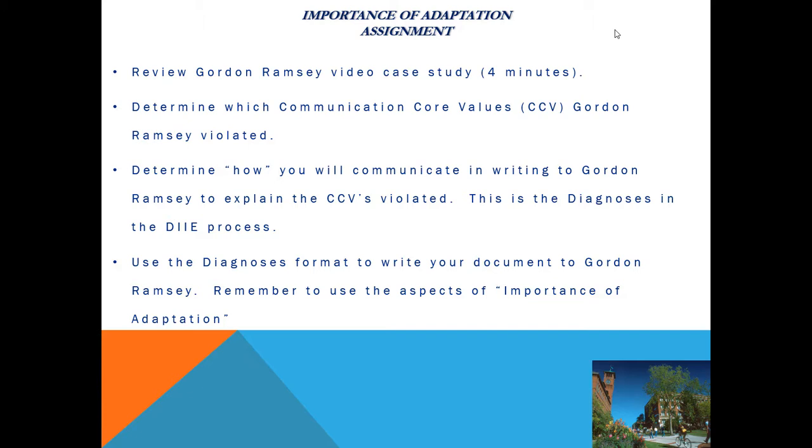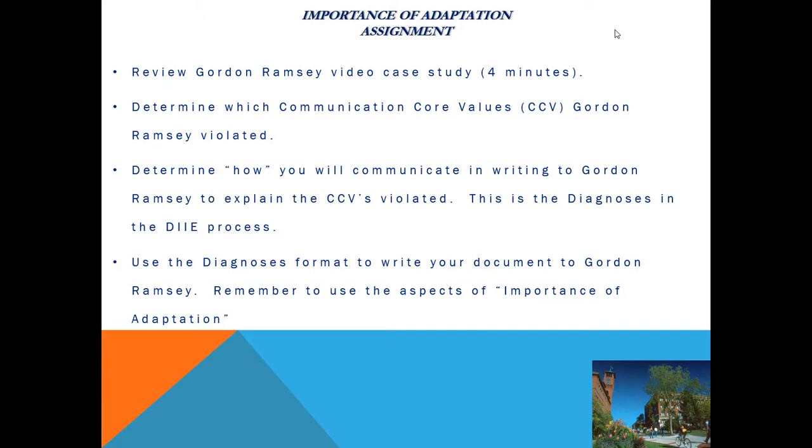You also know what the communication control points are. When we finish watching the case study, you will see some of the violations, hence the diagnosis, and you will use the diagnosis format to write to Gordon Ramsay. Remember, you're going to be clear in your sentences and your paragraphs. You're going to understand who your reader is, which is Gordon Ramsay, and you're going to highlight key points.